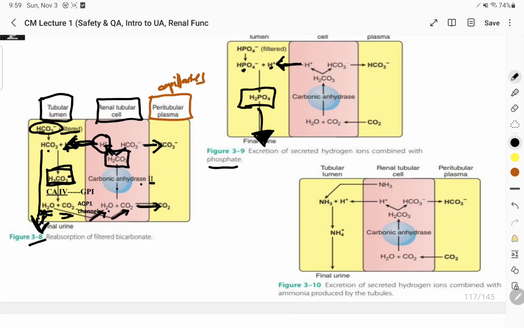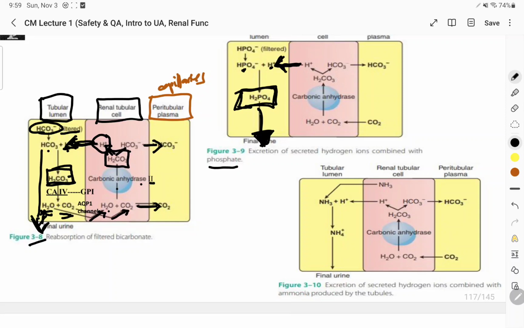What happens is some of the excess hydrogen will be combined with your phosphate and form dihydrogen phosphate, and then it will be excreted in the urine. That is also true when your hydrogen is combined with ammonia to form ammonium to be excreted in the urine.